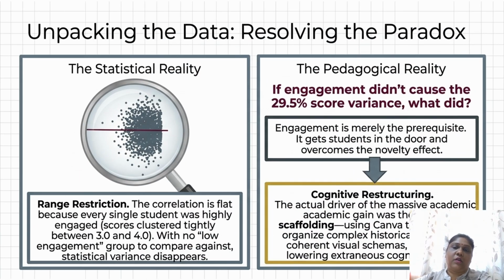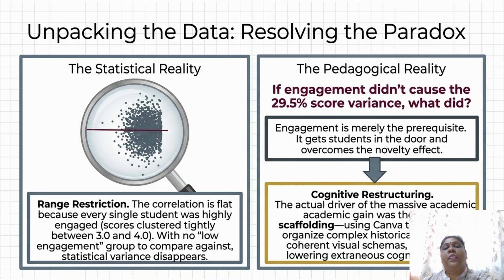Unpacking the data, resolving the paradox. For this, we look at the range restriction. The correlation is flat because every single student was highly engaged, with scores clustered tightly between 3.0 and 4.0, with no low engagement group to compare against, so there was no statistical variance.